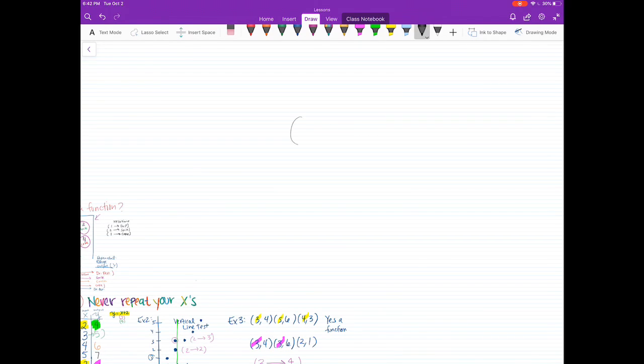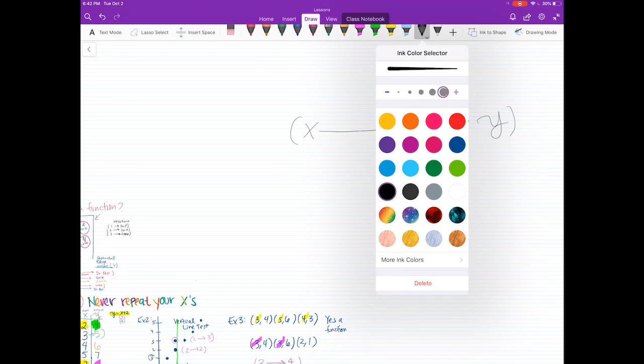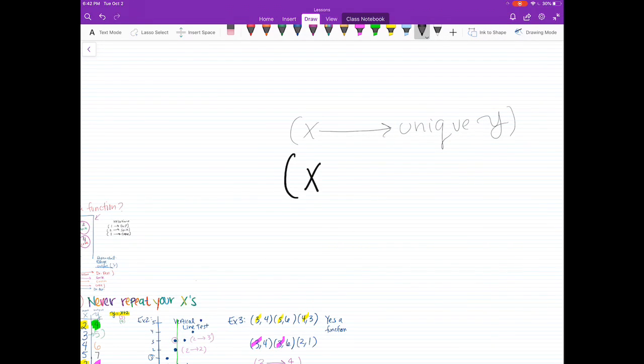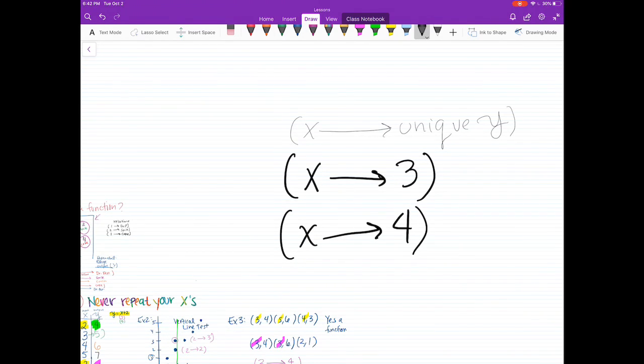So for every x, it has to go to a unique y value. A unique. It can't be the same. So for example, if I pick x and I get 3, and if I pick x and I get 4, is that a unique y? No, because now I got a 4, right? So here's the idea.